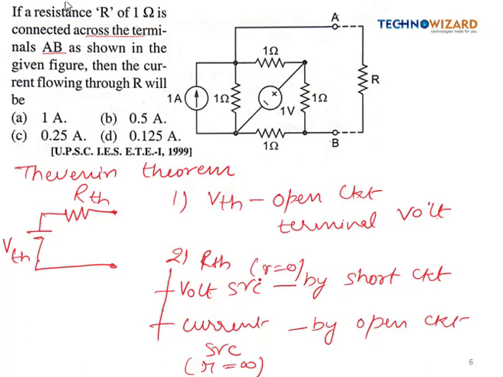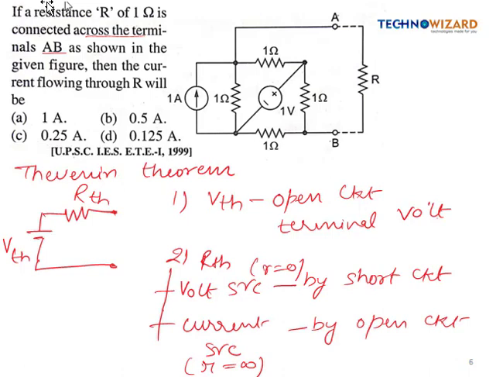So let's draw the Thevenin equivalent circuit of this circuit, right? First of all, suppose the voltage at this node is 0 volt, so I'm considering this voltage source. So suppose here voltage is 0 volt, so high potential will be 1 volt.